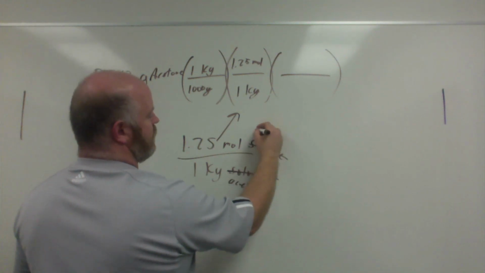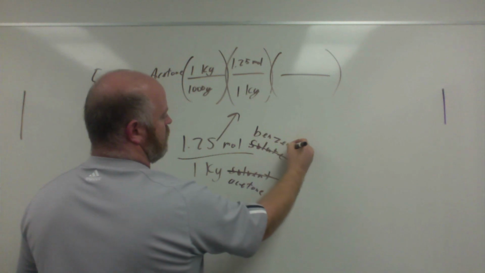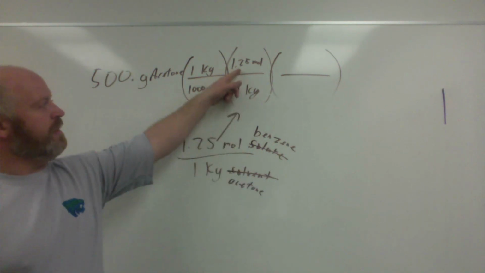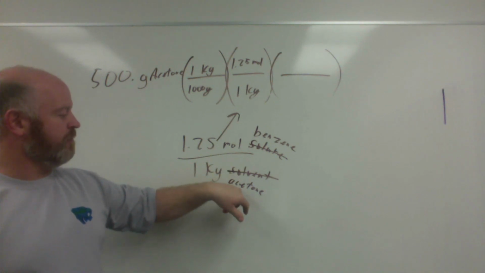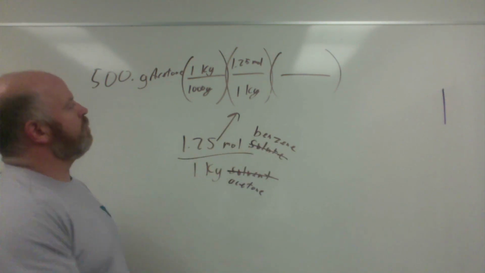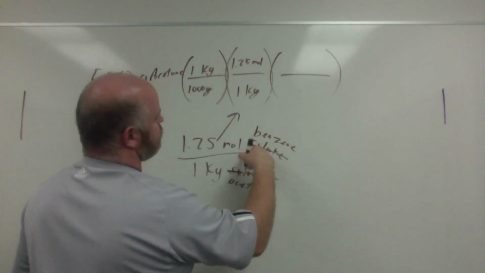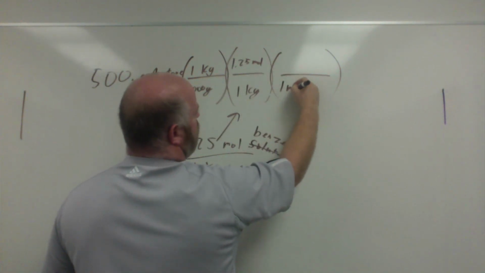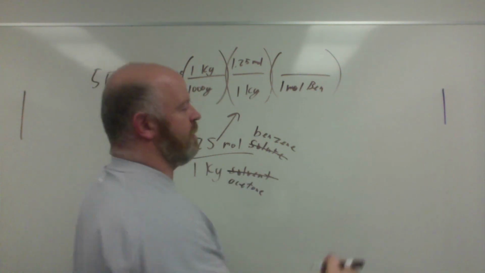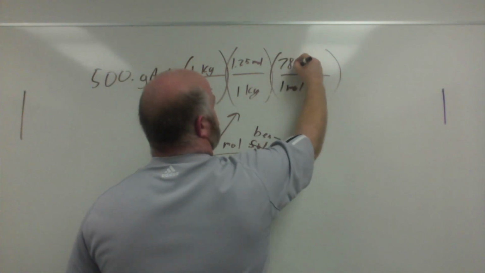The solute in this case is benzene. We don't really need a mole ratio because we went from solvent to solute within this step. So we go from 1.25 moles, and then for every 1 mole of benzene, we use its molar mass, which happens to be 78.12 grams of benzene.